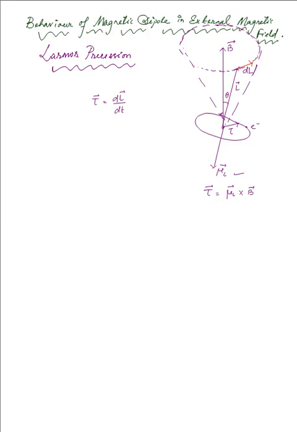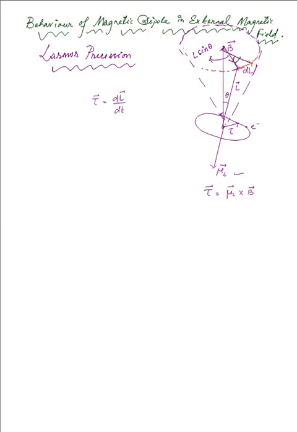So if we consider this vector from the tip of B to L, that is equal to L sine theta, because at the bottom you have theta. L cos theta will be along B and L sine theta will be directed towards L, and supposedly it covers a certain angle at a constant angular speed omega.